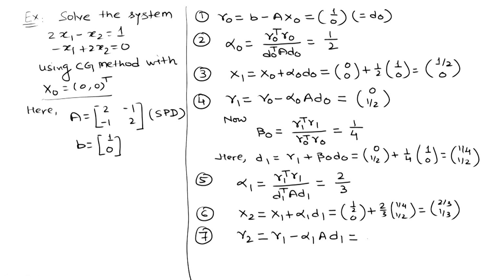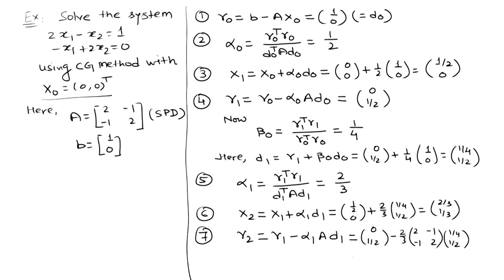If I calculate it, r1 is (0, 1 by 2) minus alpha1, which is 2 by 3, into matrix A, which is 2, minus 1, minus 1, 2, and then d1 is (1 by 4, 1 by 2).